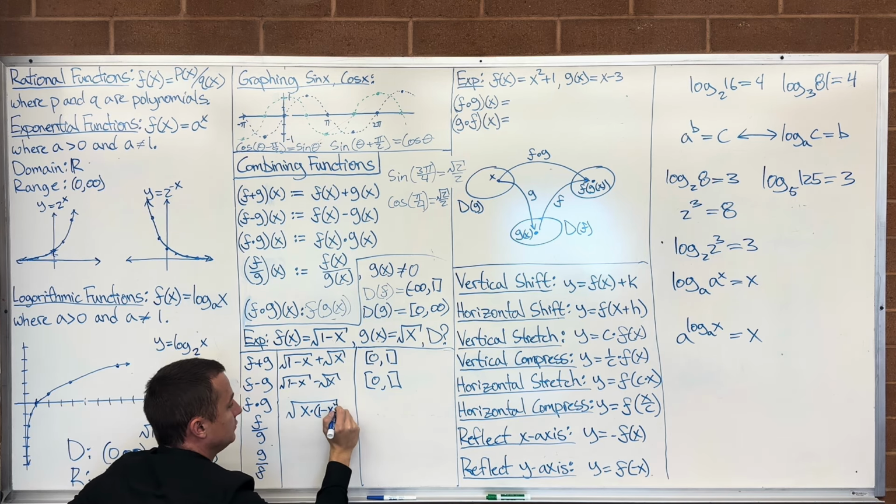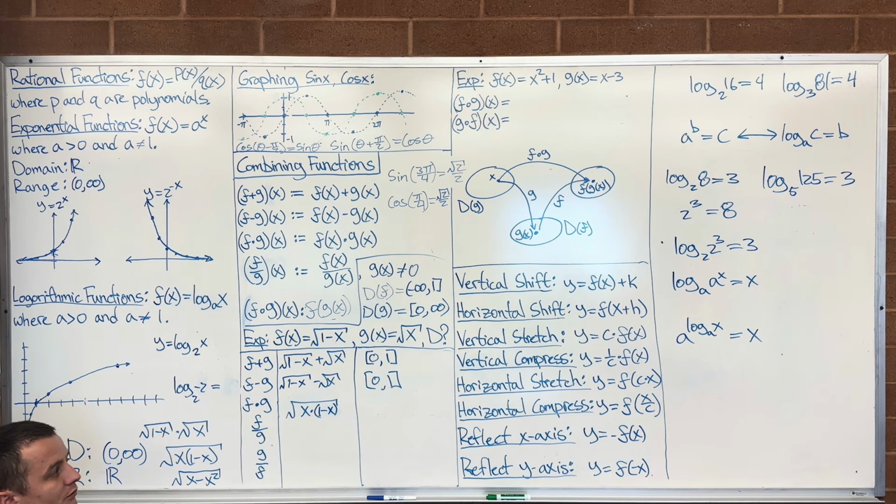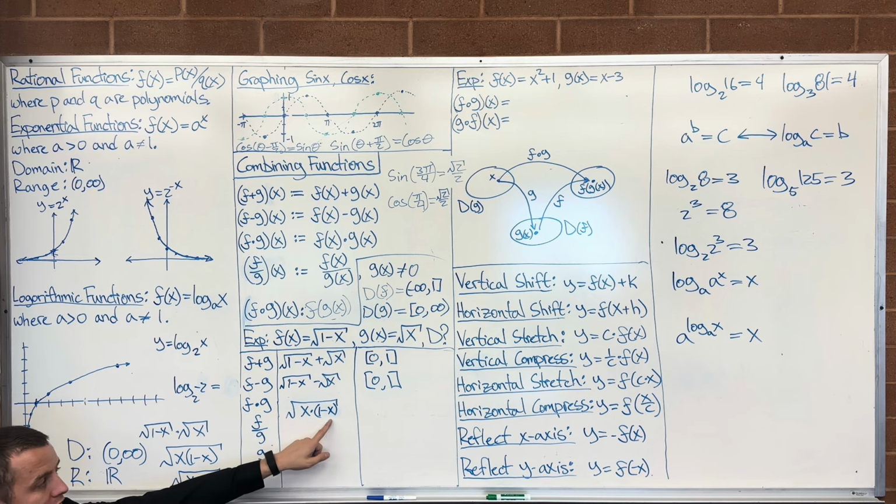Good catch. And what's our domain going to be? Why can't it be all real numbers? Well, plug in 2. What happens if you plug in 2? You make this one negative, where this one's positive, which will give you a negative. So you need both these things to be positive, or both of them to be negative.